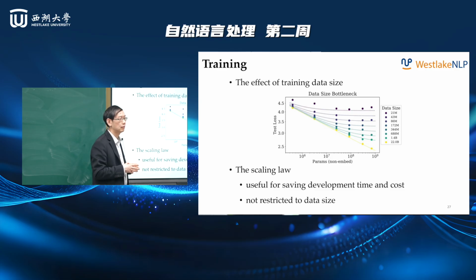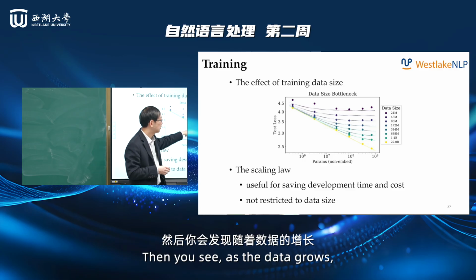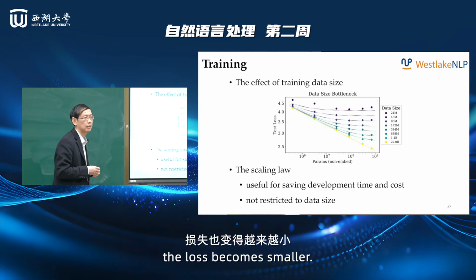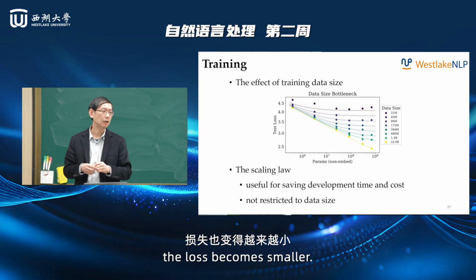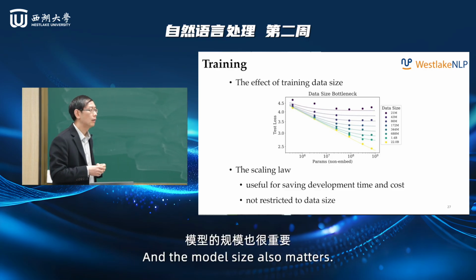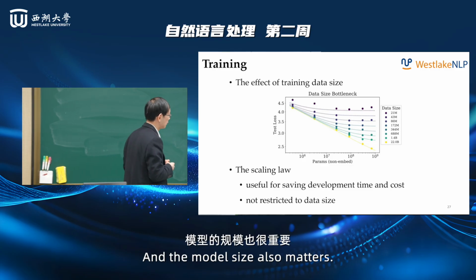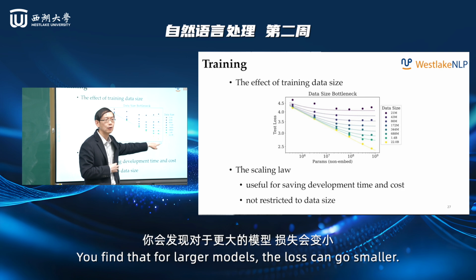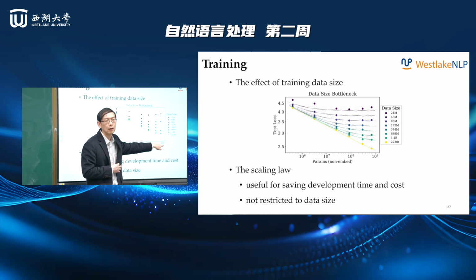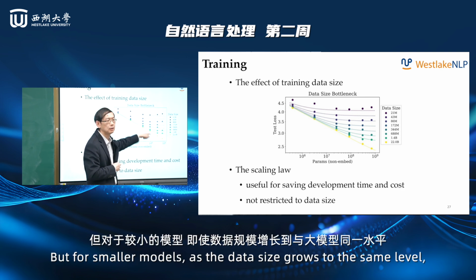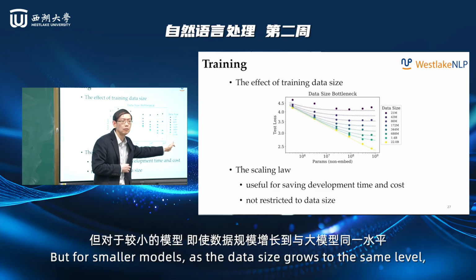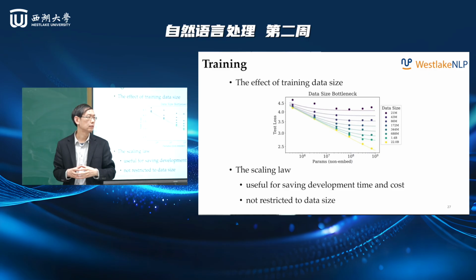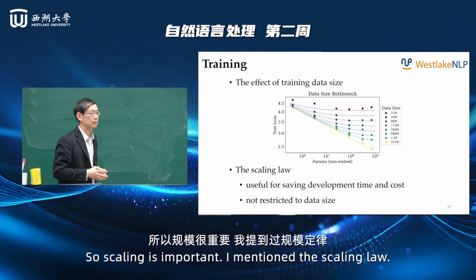Then you will see as the data grows, the model becomes more accurate on your training data. The loss becomes smaller. And the model size also matters. You find that for larger models, the loss can go smaller, right? But for smaller models, as the data size grows to the same level, the accuracy doesn't necessarily fall down. So scaling is important.